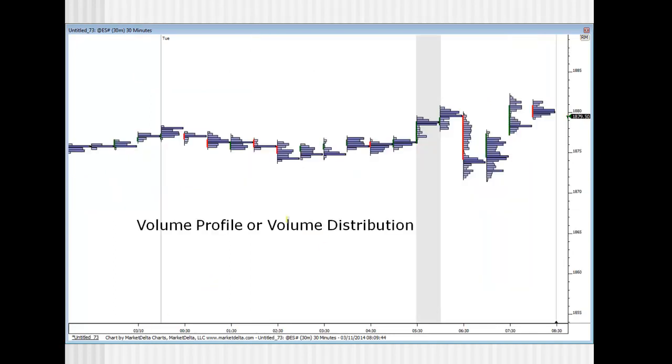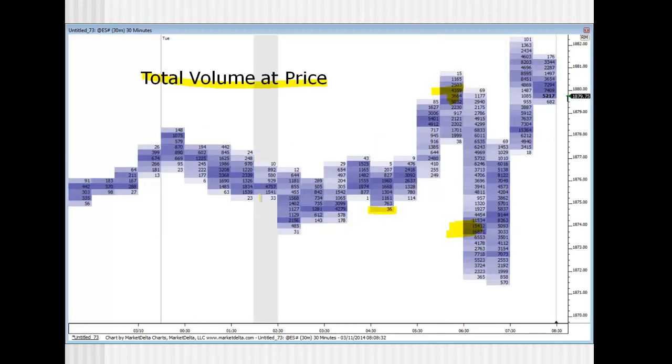Now, a volume profile is nothing more than volume distribution for a particular trading session. In this case, the session is really a 30-minute session, so this volume distribution is really the same exact thing that you see here, just represented in a visually different manner.